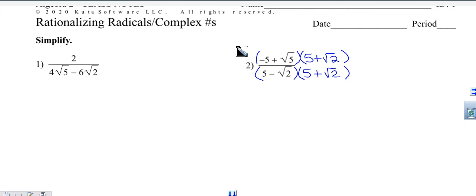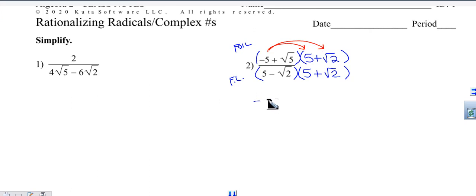On top, I will have to use double distribution. There can't be a shortcut because these are not conjugates. But in the denominator, since these are conjugates, I will only multiply the first terms and the last terms. So on top, I'm going to start by taking my first term, negative 5, and distributing it to both terms in the second parentheses.